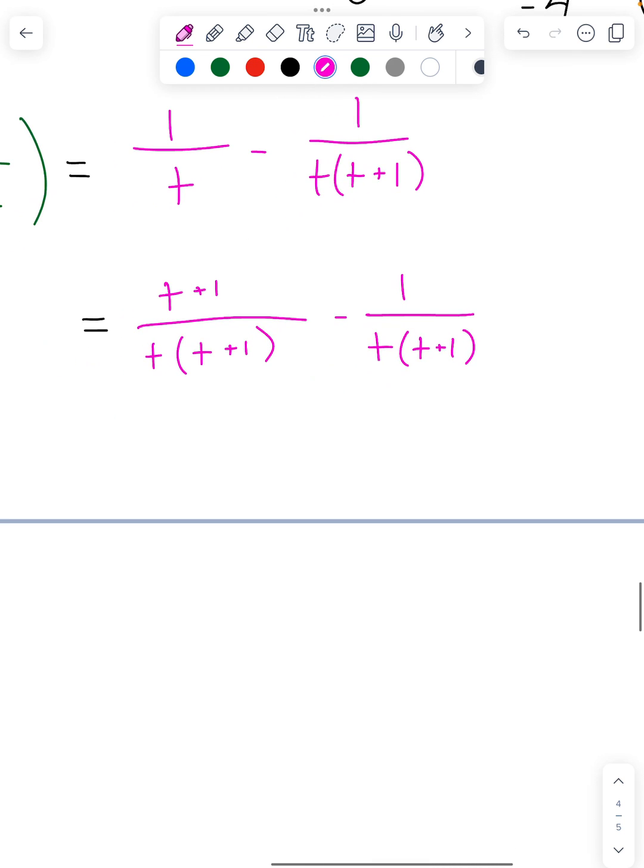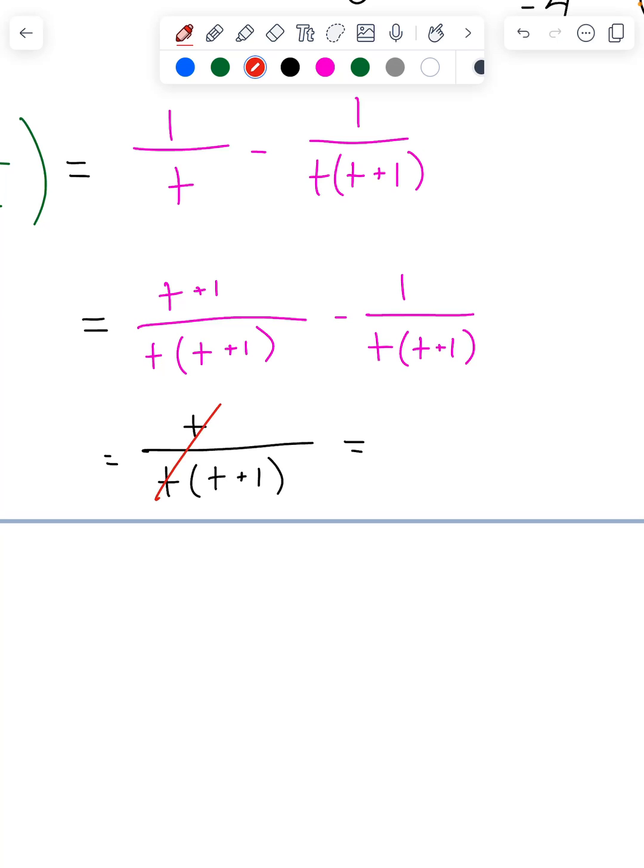And now what I can do is I can simplify this t plus 1 minus 1 is going to give me t. This is going to be t over t times t plus 1. And now that I've got those like denominators, I was able to simplify the numerators.